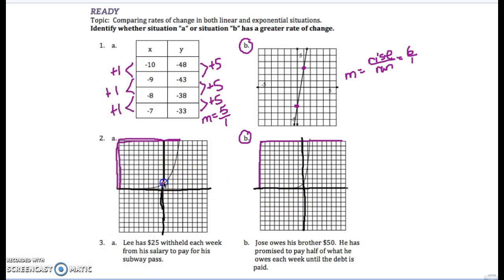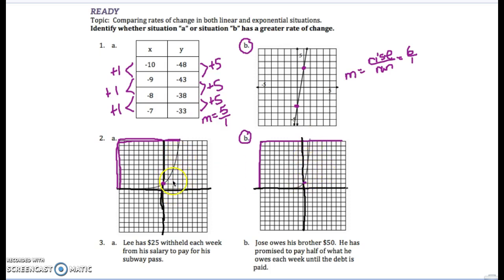Both of them are starting at that 0, 1. Here, I'm going up 1, 2, 3 over 2, up 1, 2, 3 over 1, 2, 3, 4 over 1. So that's moving faster.